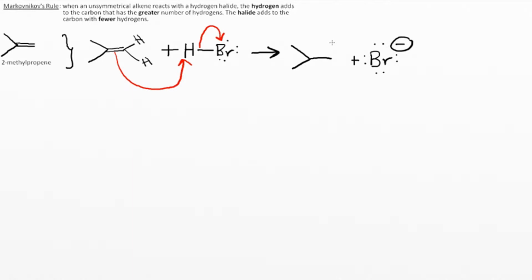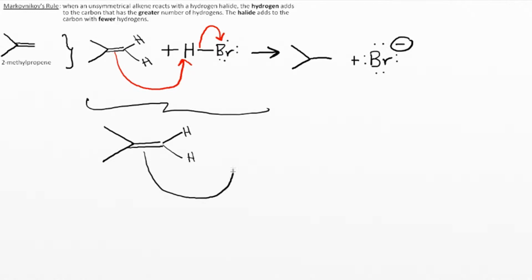Okay, so now let's take a quick look at what happened. I'm going to draw down here. So we have this molecule. We know that there are 2 hydrogens on this side. The nucleophile, the double bond, attacked HBr and took off this hydrogen from the HBr.